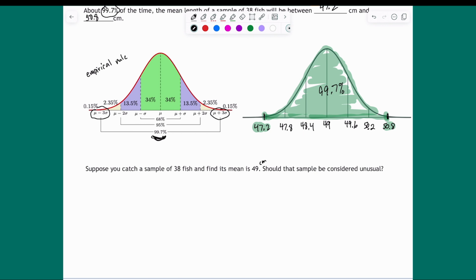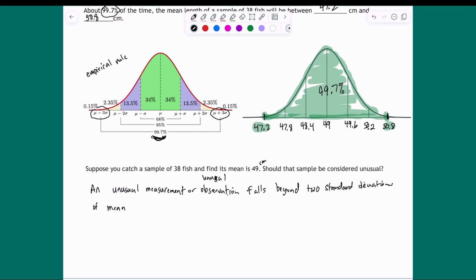Here we're going to take the word unusual to mean an unusual measurement or observation falls beyond 2 standard deviations of the mean.